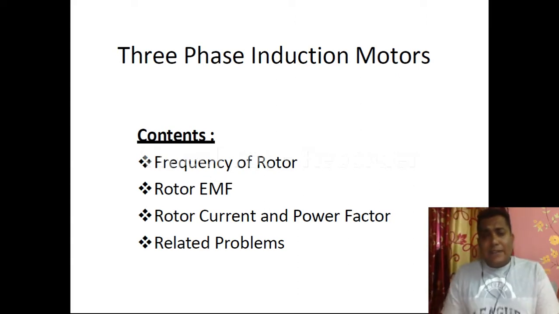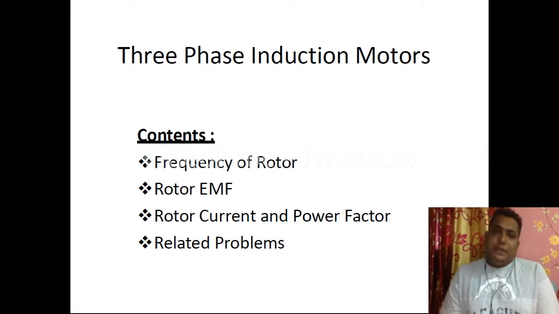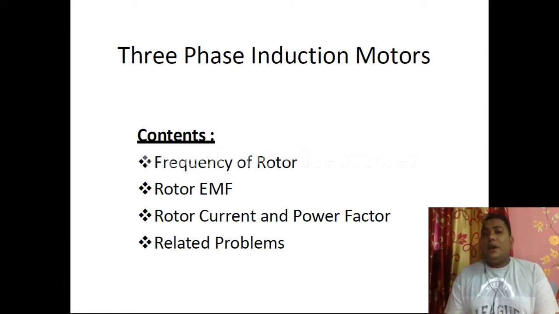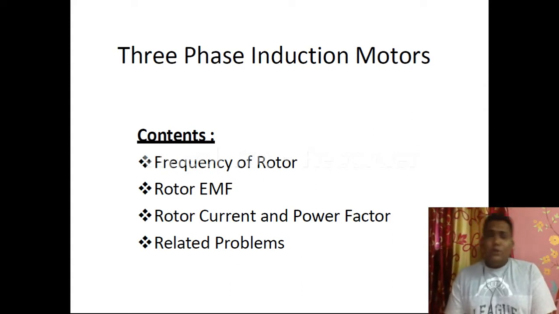The mechanical output speed we can observe is the rotor speed, but the synchronous speed, the flux speed, is not visible to us. It can only be calculated from the mathematical formula, while the rotor speed can be measured.